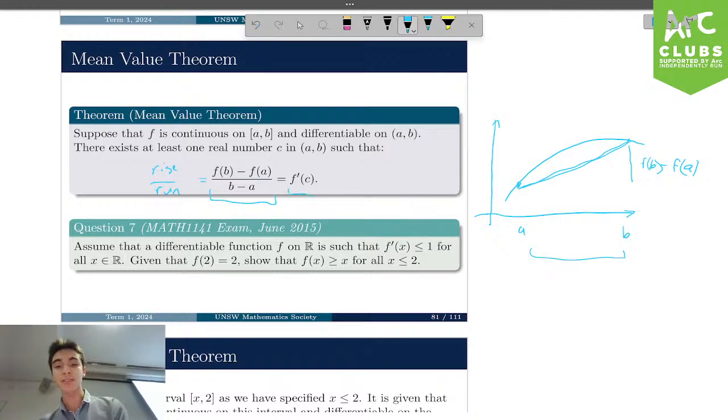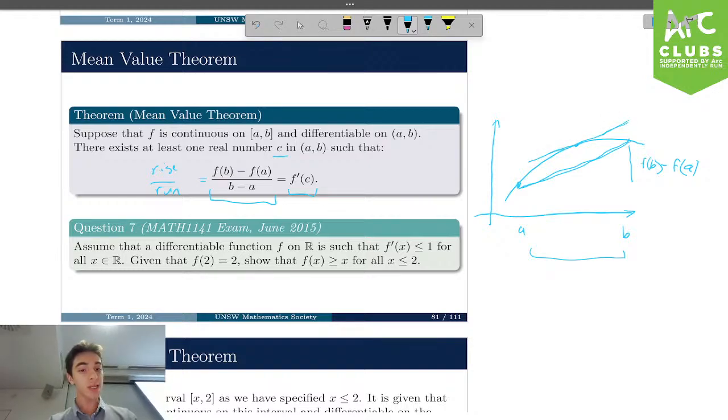And what the right-hand side is telling us is that there is some mystery number c on this interval where the derivative is equal to the slope of that secant. So in this case, I think that point c would be around there, because the derivative at that point looks a little like this.